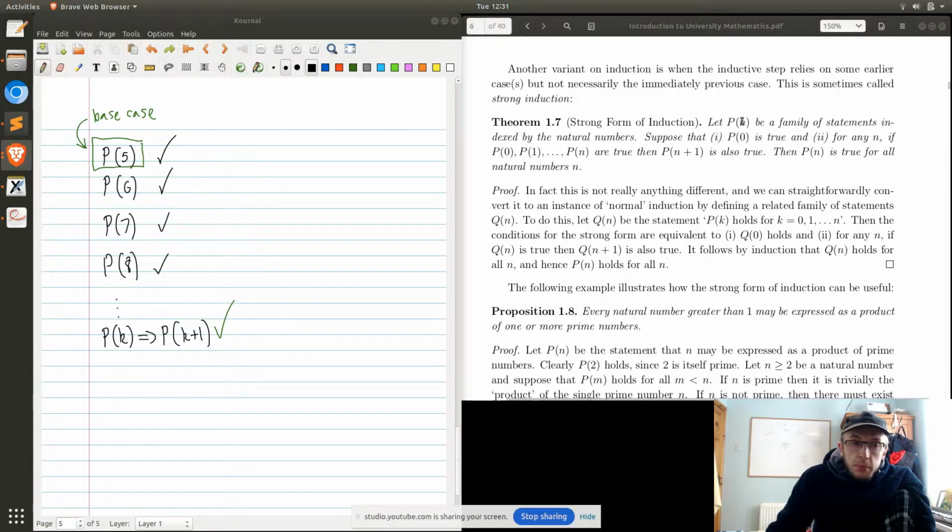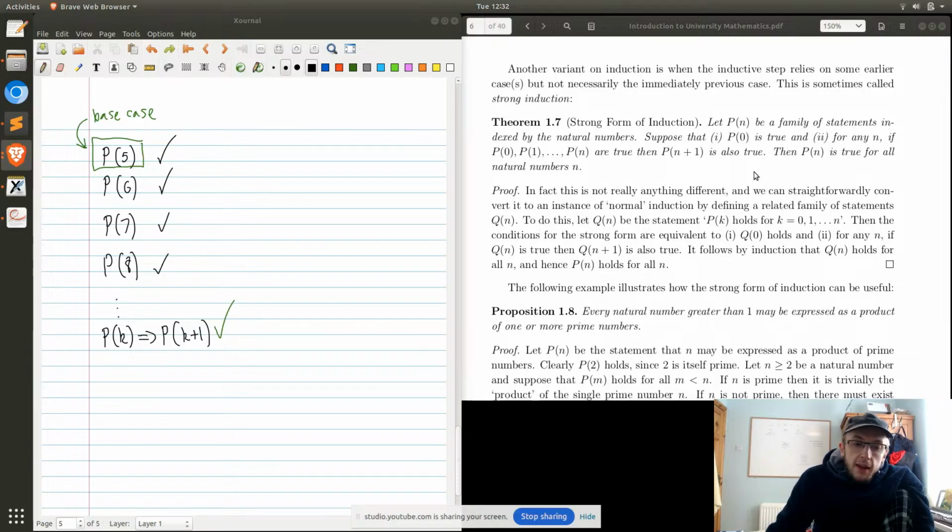Suppose that P of 0 is true. And suppose that for any natural number n, if P of 0, P of 1, P of 2, P of 3, all the way up to P of n are true, then P of n plus 1 is also true. Then it holds that P of n is true for all natural numbers. Okay.